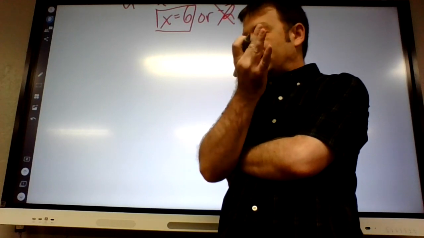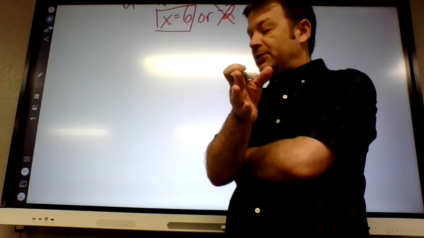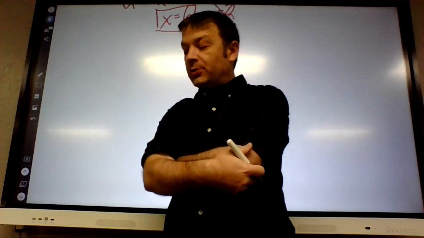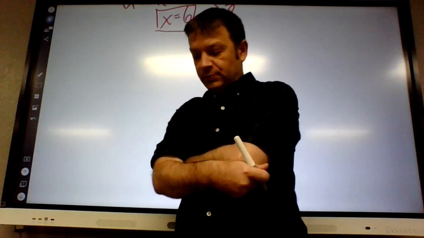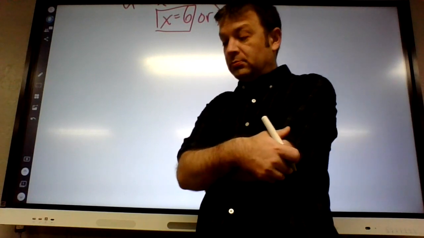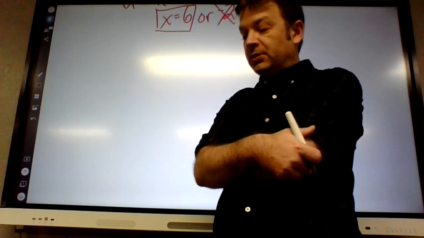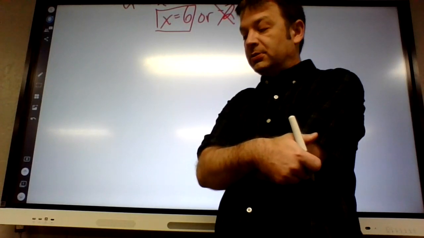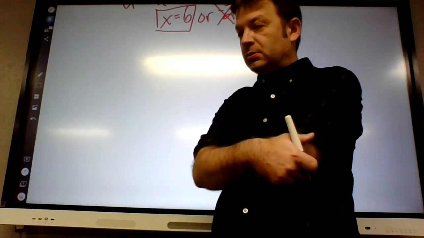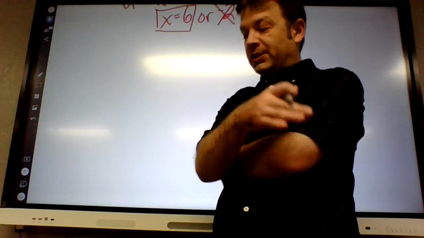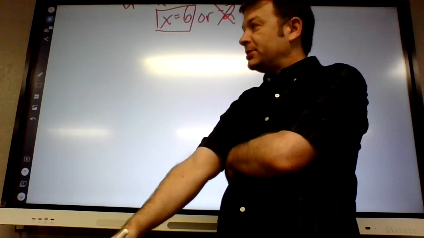Okay, let's say it this way. x plus 6 on that top triangle is like what on the big triangle? It matches what on the big triangle? The whole thing, right? And the whole thing is what? x plus 6 plus x. Just add those two lines together.